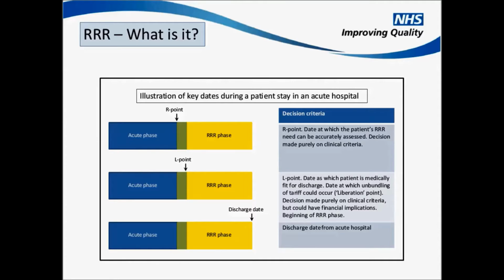What the early implementers decided within the RRR audit was that the L point is the key one, because if you are looking at unbundling part of the acute tariff, or you're talking about shifting a patient from acute service to another service, then it's the L point which is the key point for this program. So we need to keep that L point in mind. It's the point when a patient is medically fit for discharge.